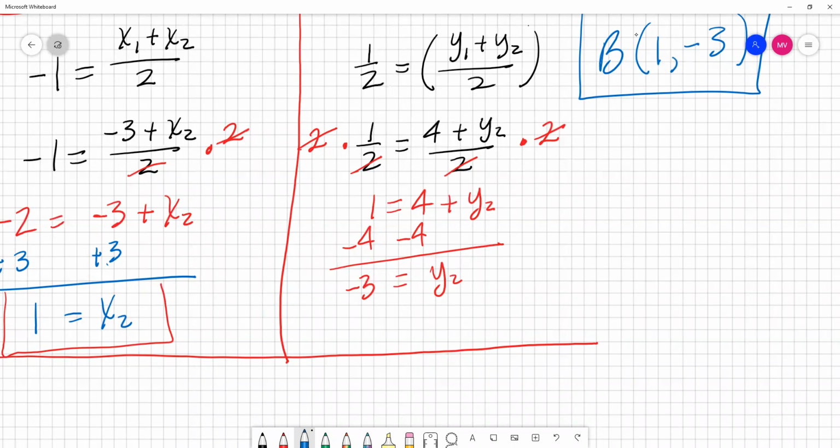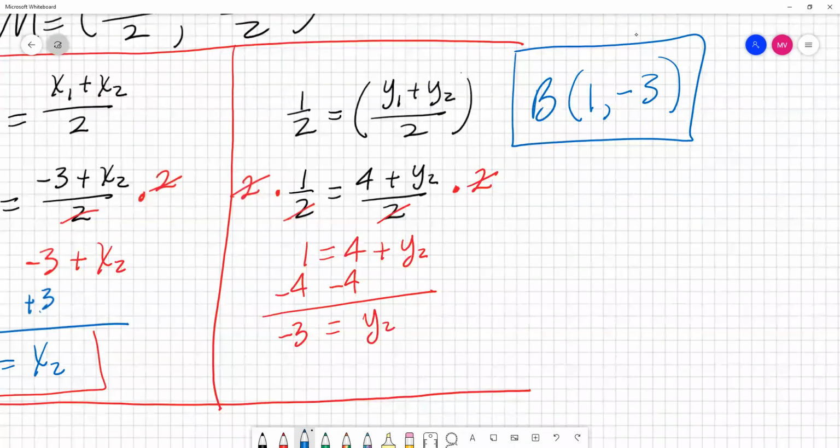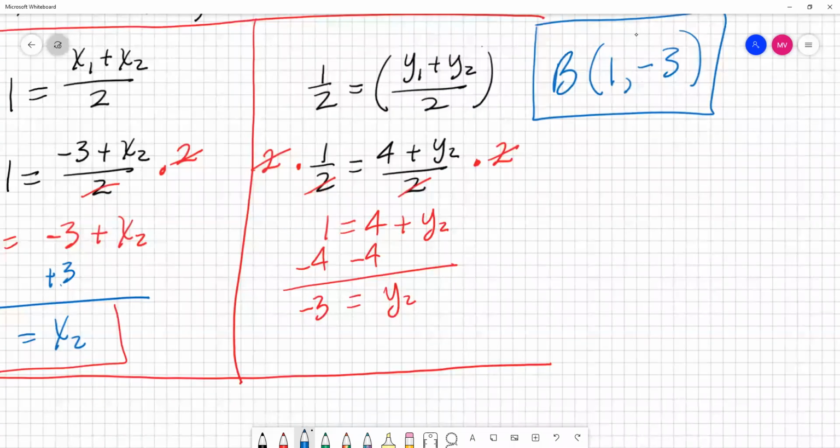And so that leaves you with 1 equals 4 plus y2. And then you subtract 4 from both and you end up with your y coordinate of -3.